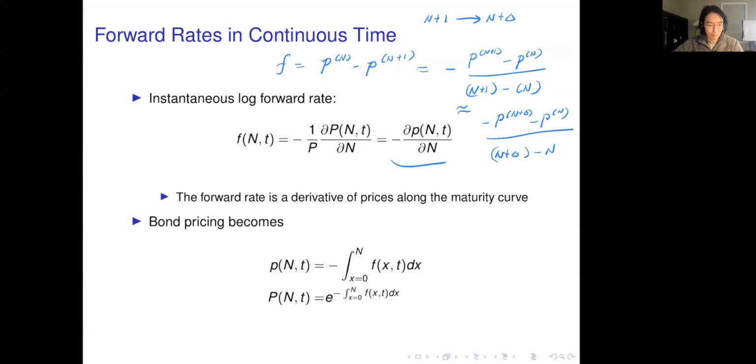In other words, like you see here, from the bottom two equations, the log price is basically the negative of the integral of the forward rates, and if you shift it into bond prices instead of using log, then you get the last equation.